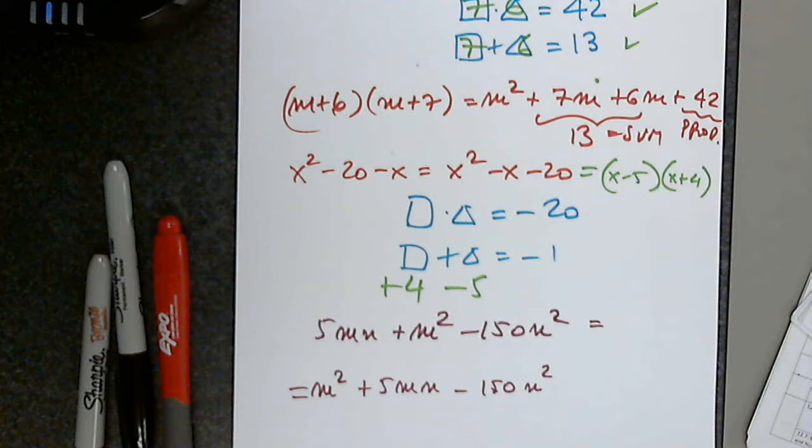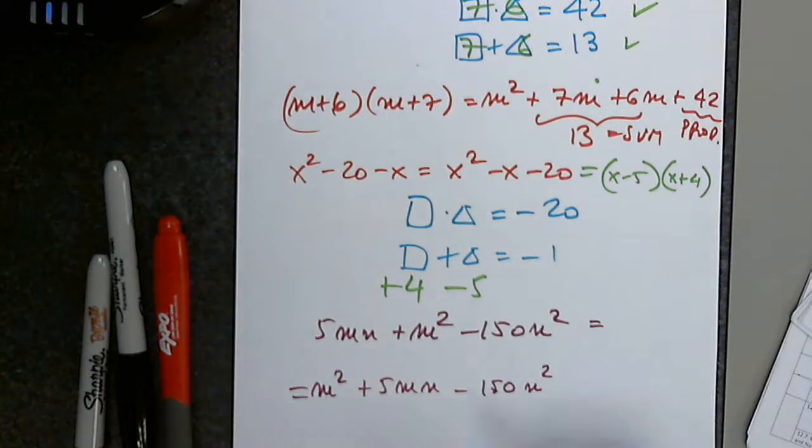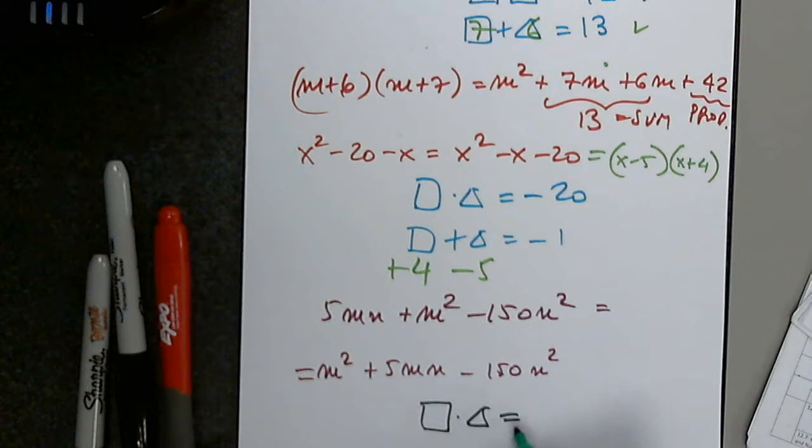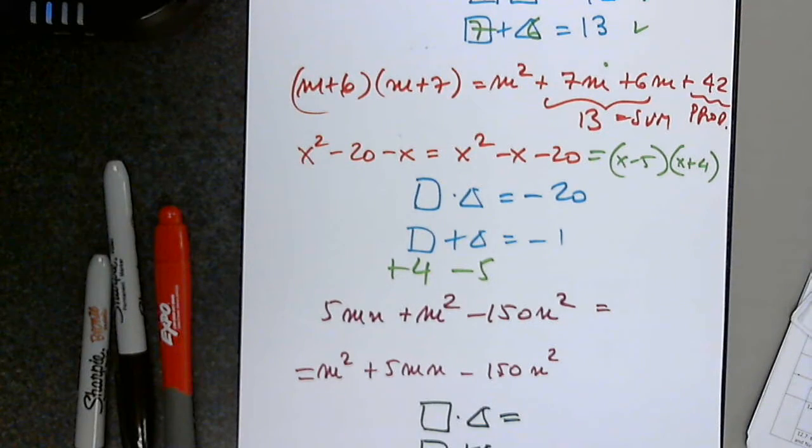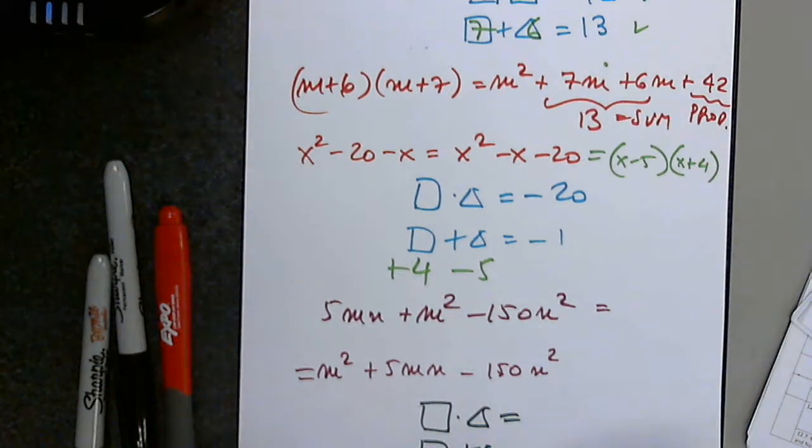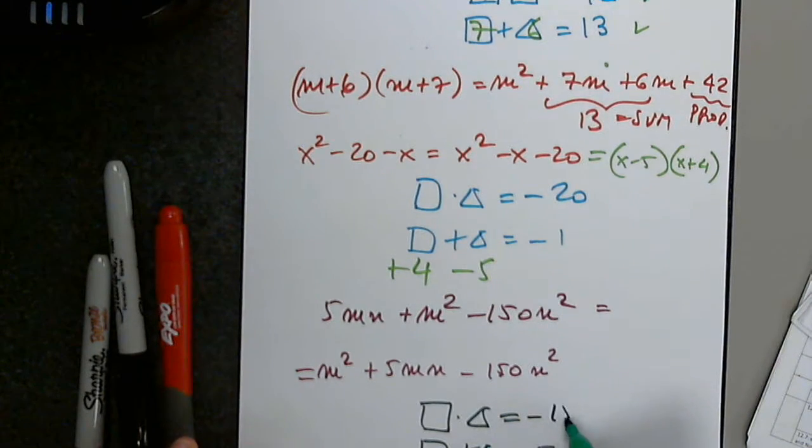Greatest common factor, no. Negative leading coefficient, no. Special product, no. Negative 150 n squared is not a perfect square. So then I'm looking to find two numbers whose product is negative 150 and whose sum is 5.